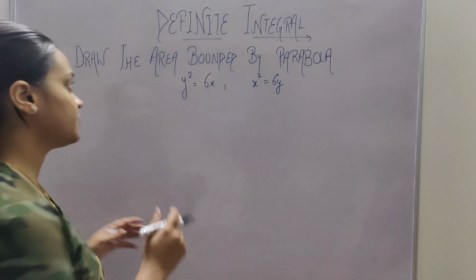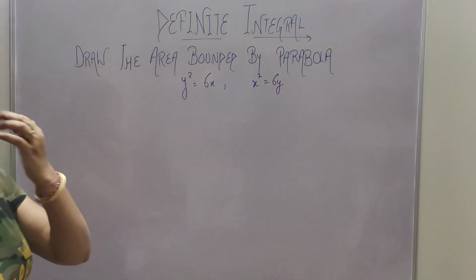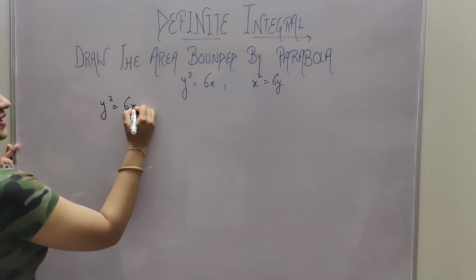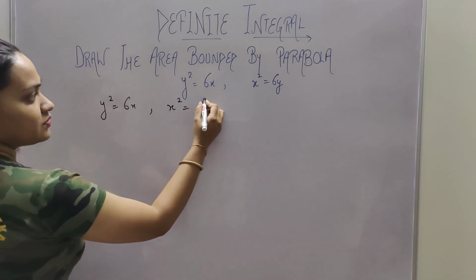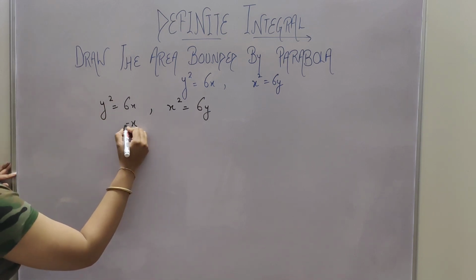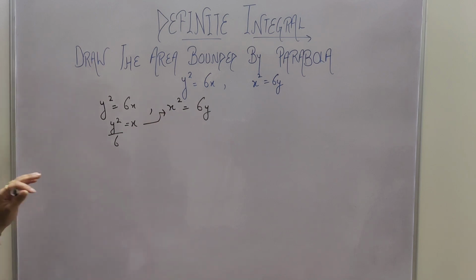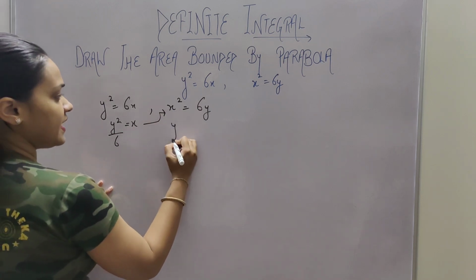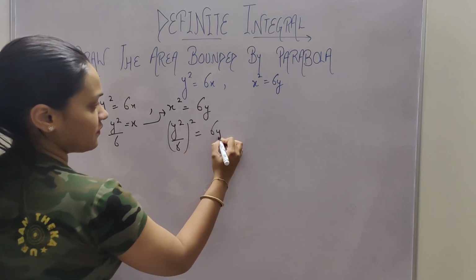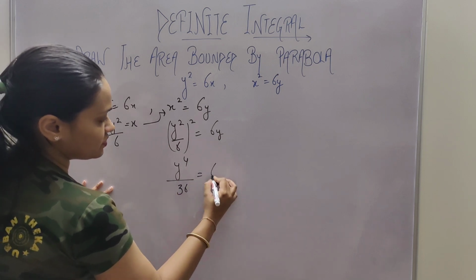So students, our next question is to draw the area bounded by this parabola and this one. There are two parabolas. One is y square is equal to 6x and the second is x square is equal to 6y. Putting the value x is equal to y square upon 6 into this parabola, the value comes (y square upon 6) whole square is equal to 6y. Y to the power 4 upon 36 is equal to 6y.